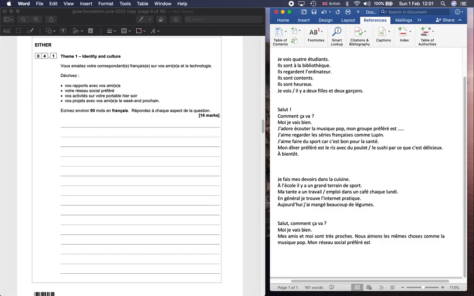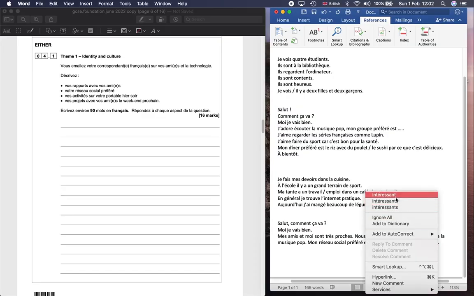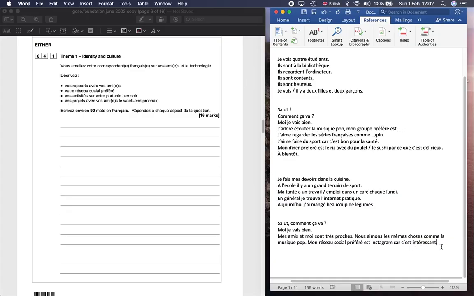Et peut-être Instagram. Car, let's give a reason. Car c'est intéressant.